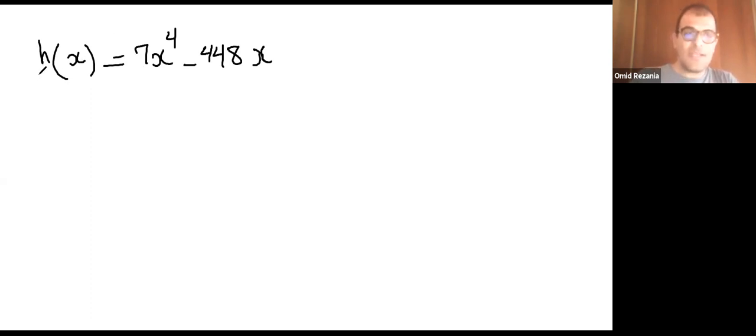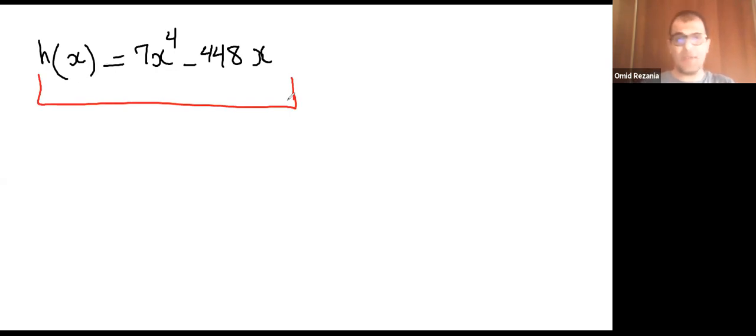With this function, I'm not going to go into as much detail as in the previous example, but I just want to jump into the identity that we are going to try to find for this one. Look at this one, guys.